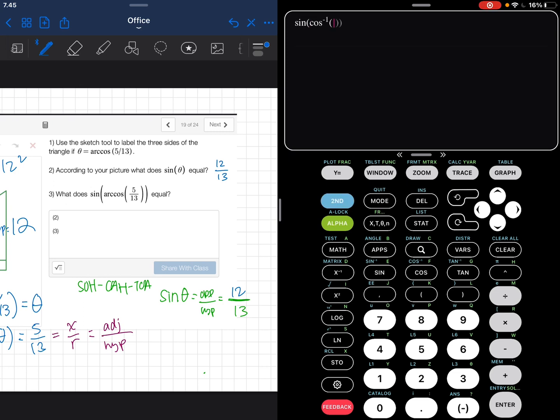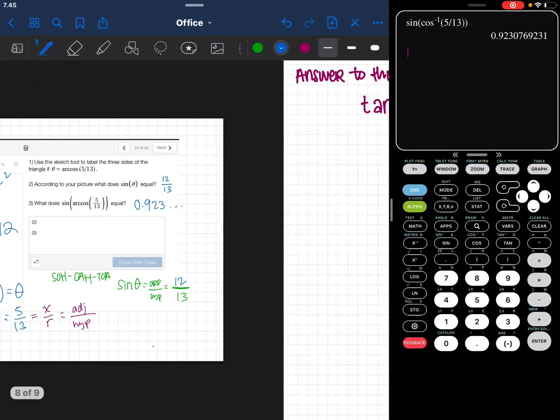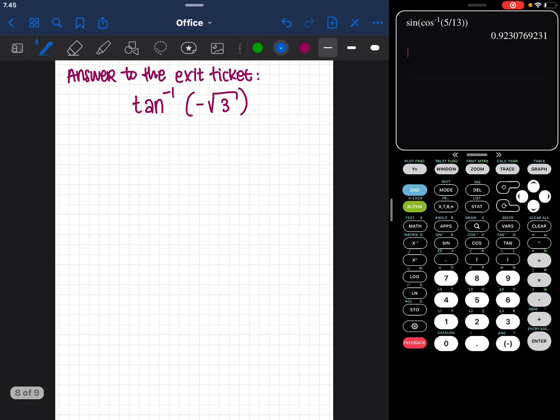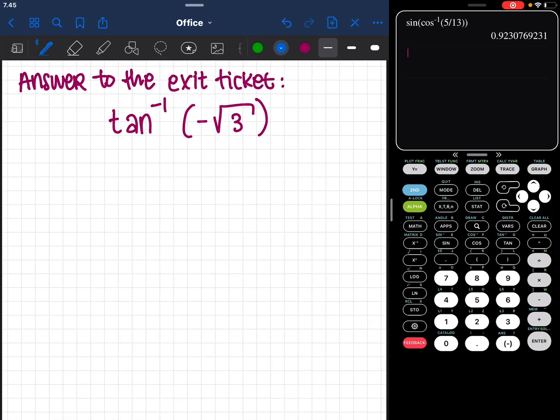It will select the cosine inverse. Okay. And then you input 5/13. It gives you 0.923, and so on and so forth. And that's it.